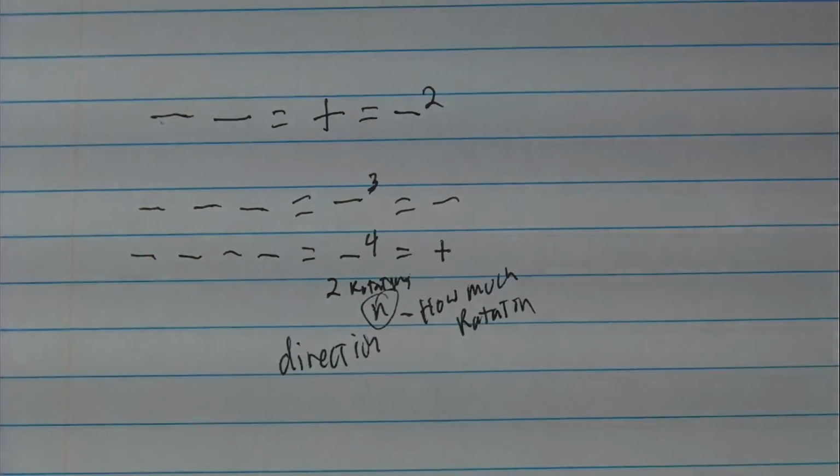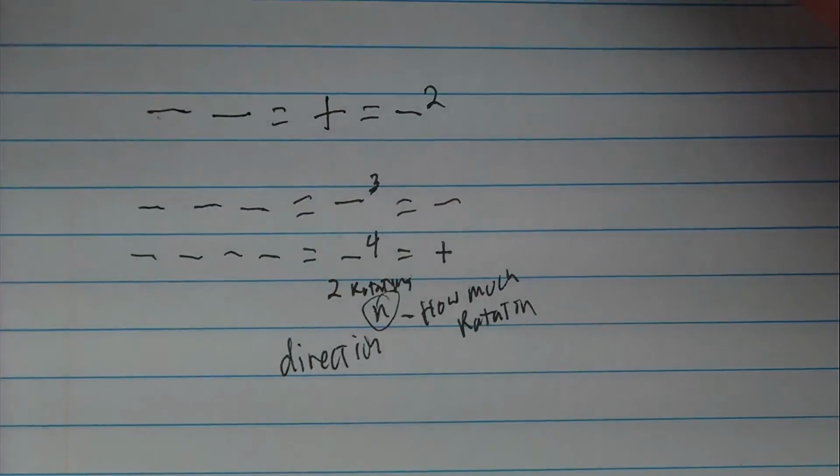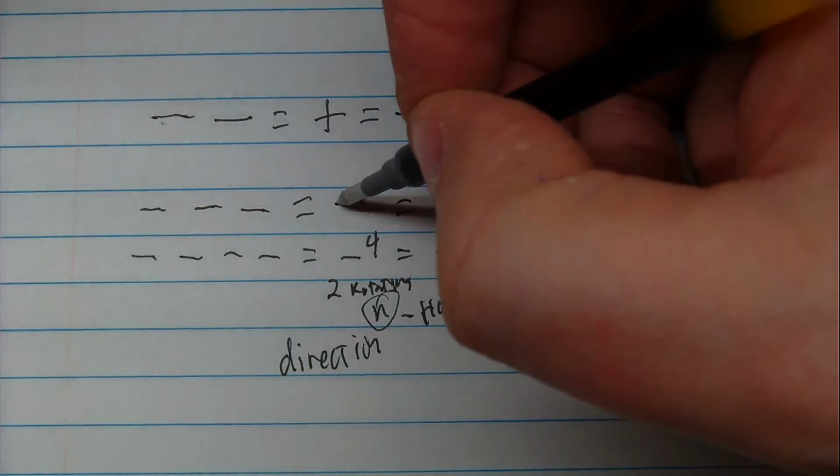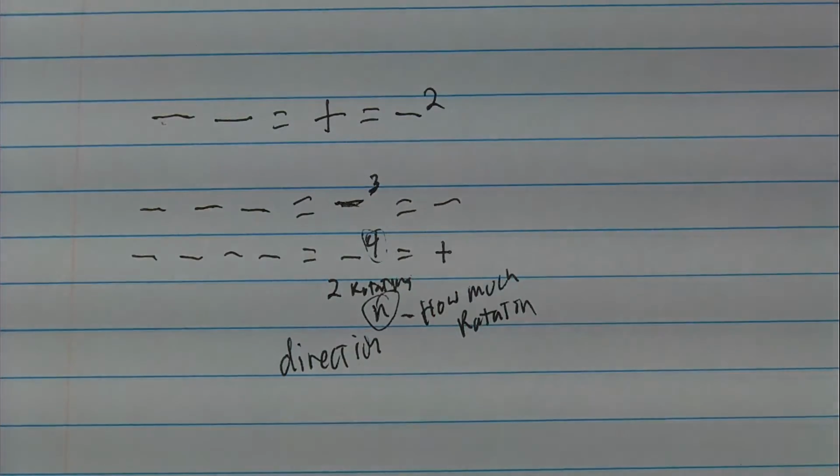So that's how far we've rotated. And as we keep rotating, that number goes up. Now, the negative, see, this is not really full rotations, it's how many half rotations. If we wanted to go how many full rotations, we would need to be counting how many turns.